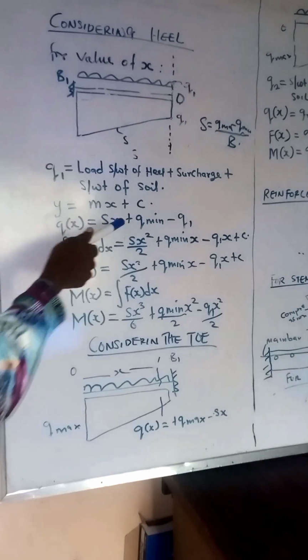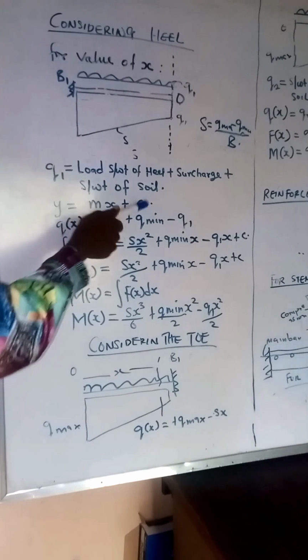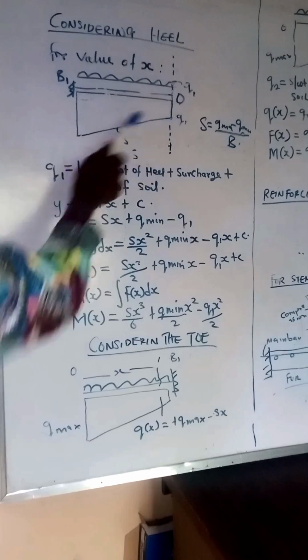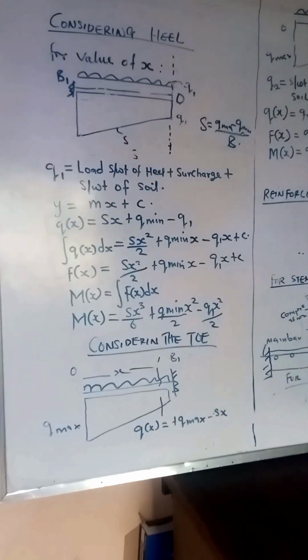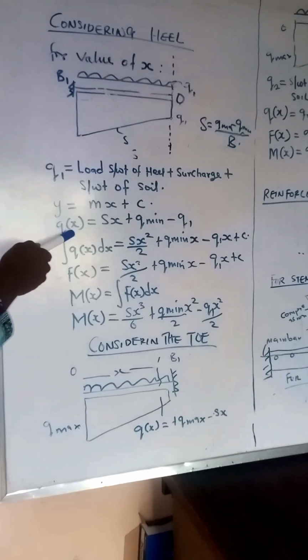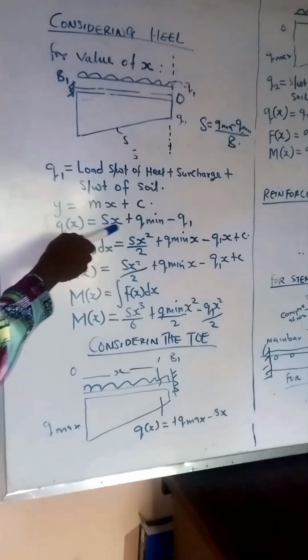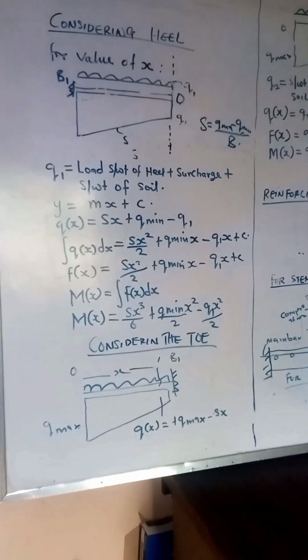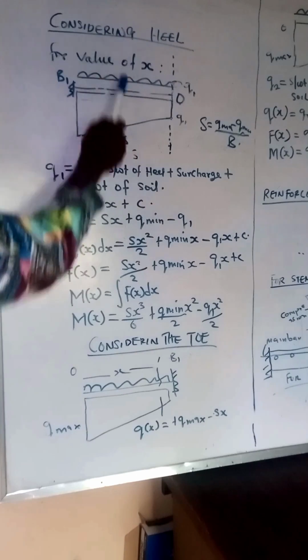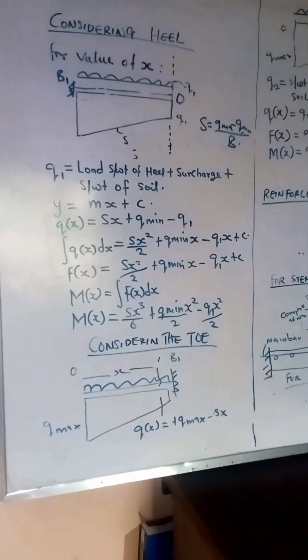So we know that our intercept at this point here is c, which is Q minimum. All right. So if we write the load expression as a function of x, we'll have q(x) equal to the slope times x, plus Q minimum, minus the load coming in the opposite direction, which represents our surcharge, self-weight of soil and that of the heel.